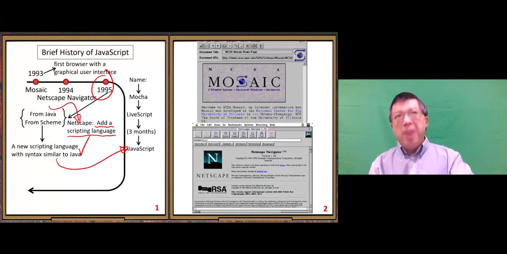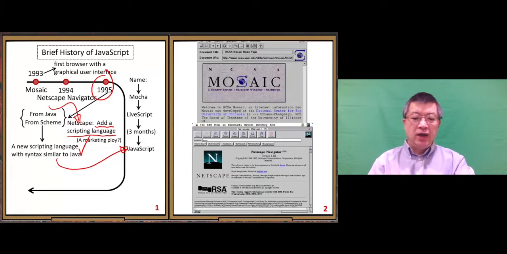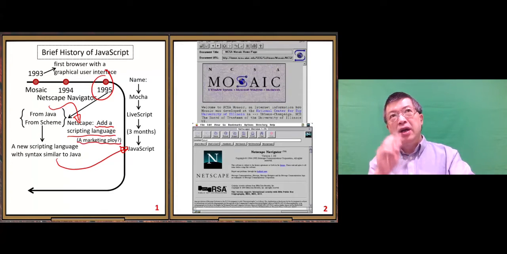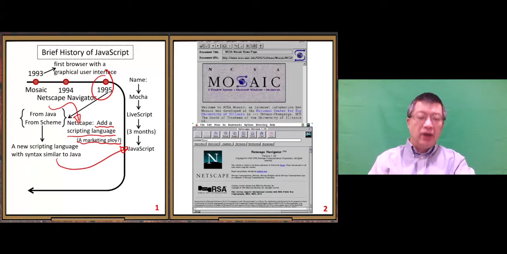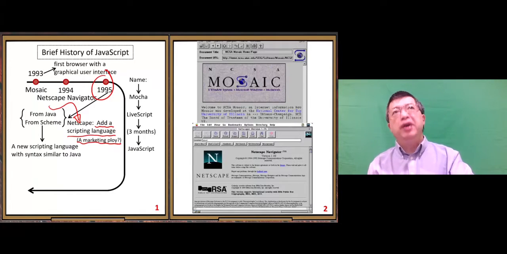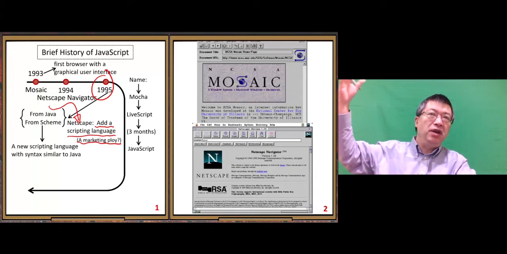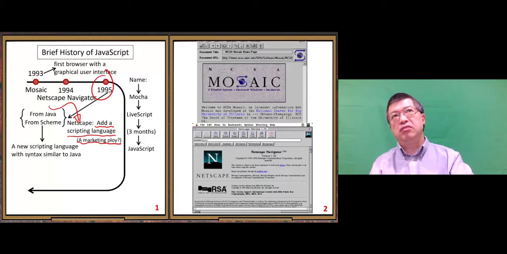Many people thought it was just a market ploy, because at that time, Java was really hot. At that time, Java was treated as the big giant internet programming language, and it was extremely hot.